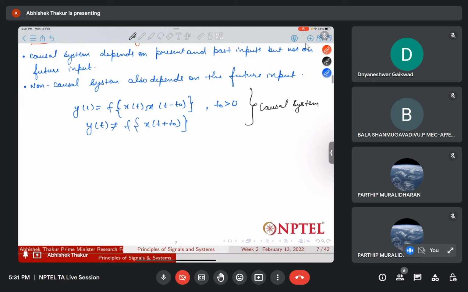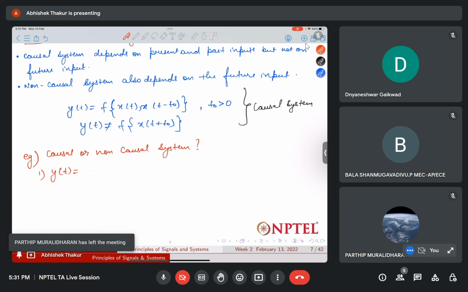So now we'll take some examples and you tell me whether the system is causal or non-causal. The first one is y(t) is equal to the integration from minus infinity to t of x(tau) d tau. Can you tell me whether this is a causal system or a non-causal system?